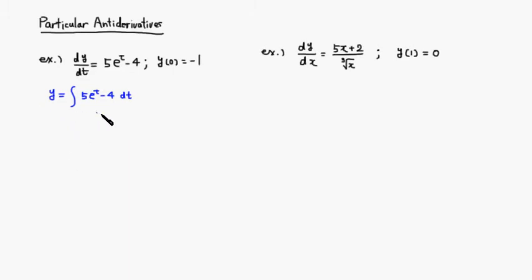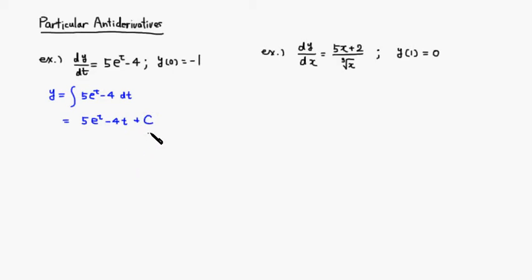This is actually a pretty easy one to evaluate. 5 is just a constant multiple, so put that in front. The antiderivative of e to the t is still e to the t. The antiderivative of negative 4 is negative 4t. If you have a constant, you just have to multiply by t. Then you have plus some constant c.